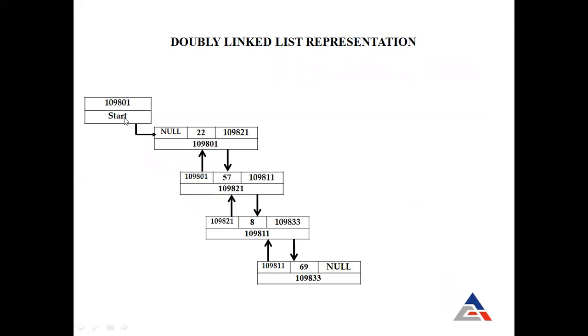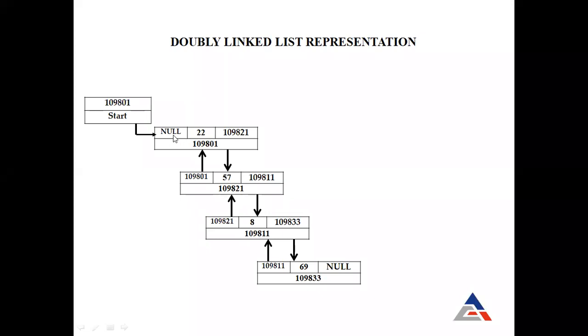I have marked start, the starting node, which is the node at address 109801. This is the previous, this is the data, and this is the address of the next node. If I am at the first node, there is no node previous to it, so that becomes null.